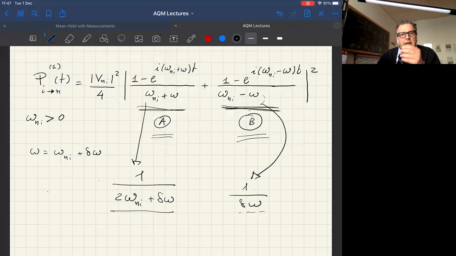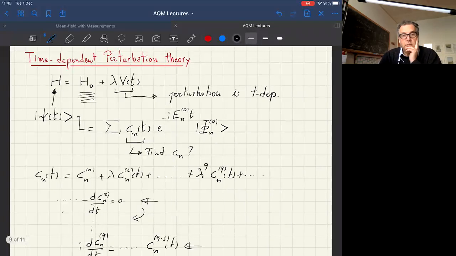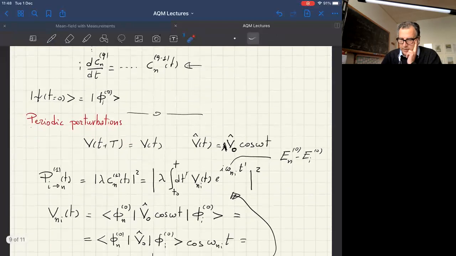You're applying to the system an external potential, which is this one. And this external potential is time dependent, and in particular is periodic.